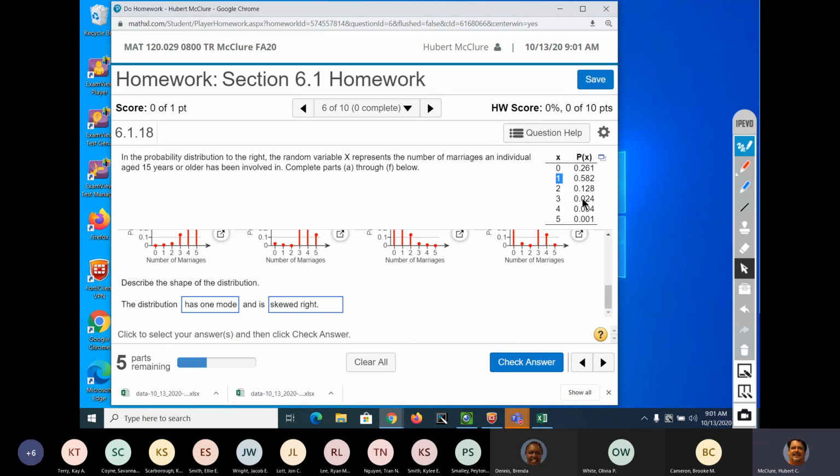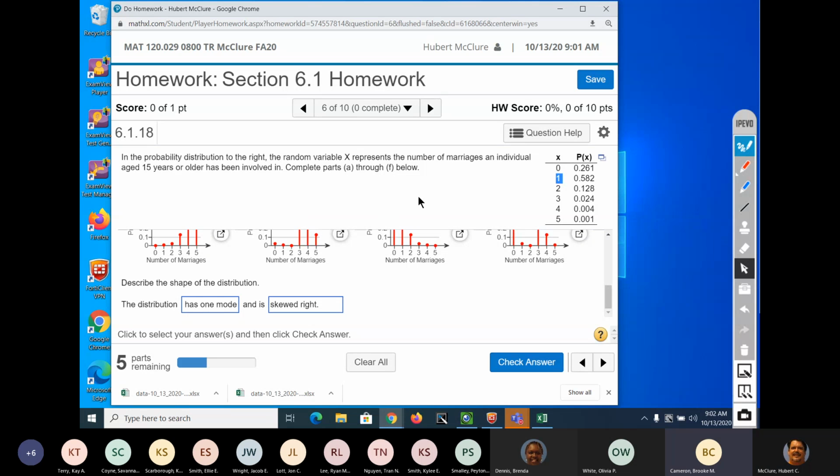If it was 0.582 on any of the 3, 4, or 5, it would be multimodal. If 0.582, the highest number, was on 0, it would have no mode. If it is on 1, it's going to be one mode. If the highest number is on 2, it's going to be bimodal. And if the highest number is at 3, 4, or 5, it will be multimodal. Does everybody understand that now?